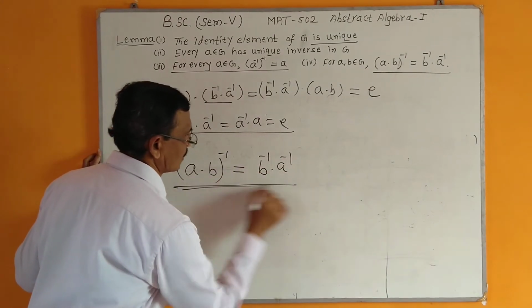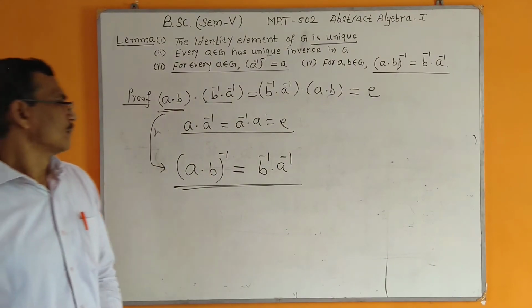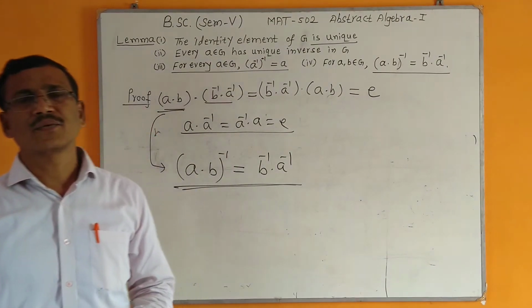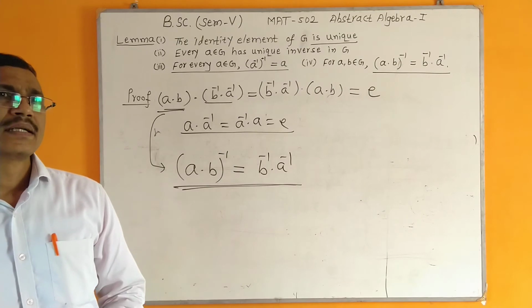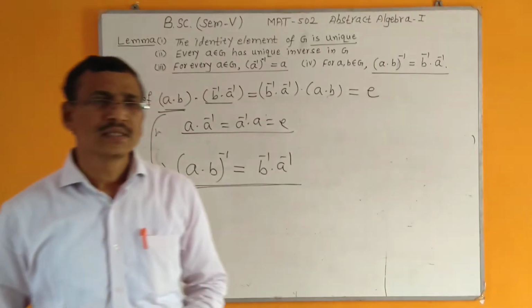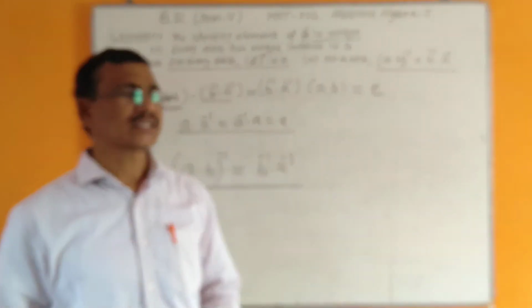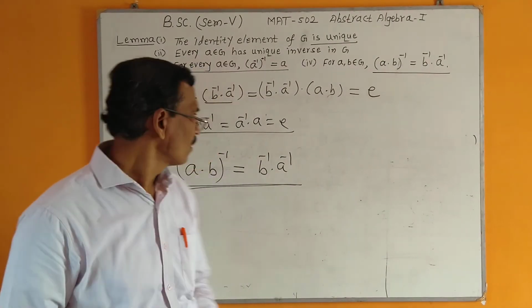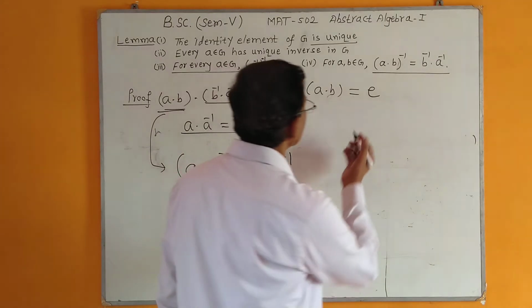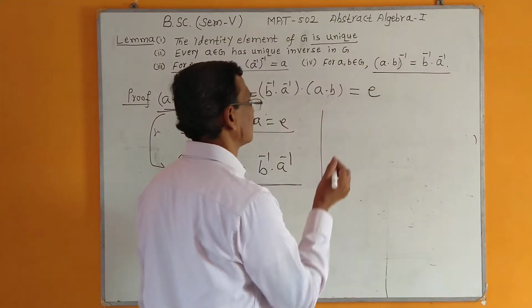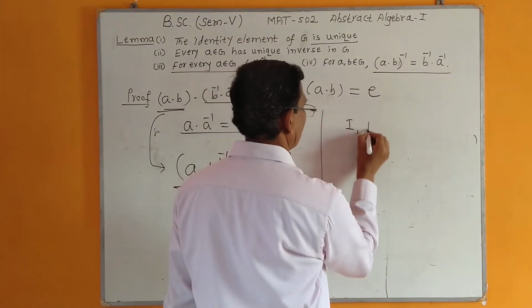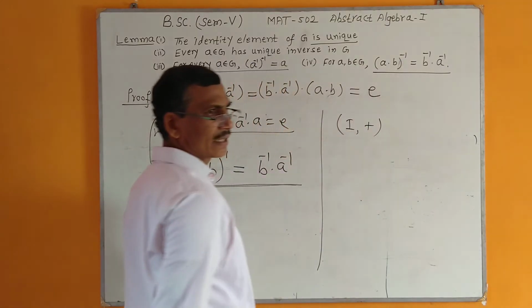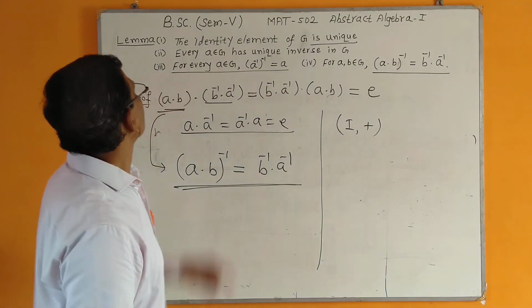This is the required result. Means when we take the inverse of the product of two elements, then its value is the product of their inverses taken in reverse order.